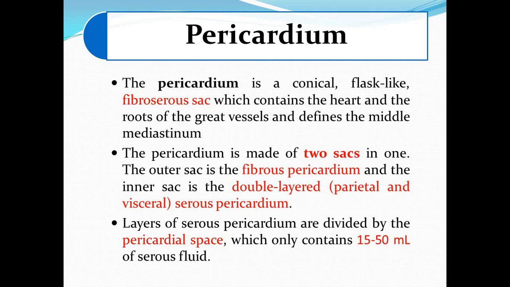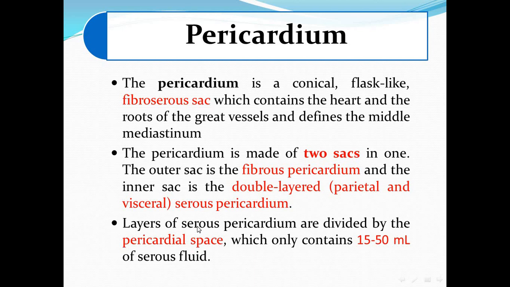The fibrous pericardium is the most outer layer, which is made of fibrous tissue. And then there is a double layered serous pericardium. These layers are the parietal and visceral. The parietal is the one that is attached to the fibrous pericardium, and the visceral is the one that is attached to the myocardium, to the heart.